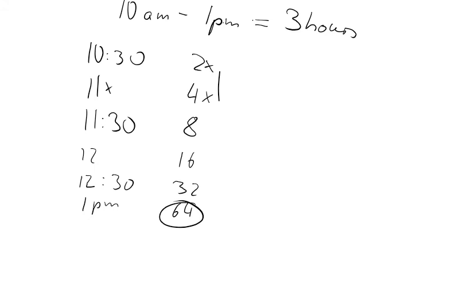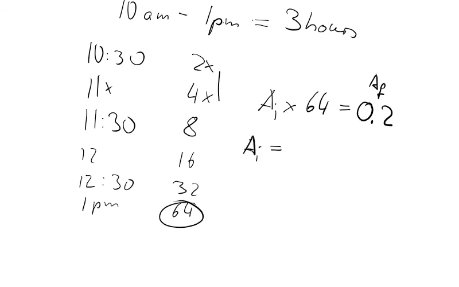So what we basically want is A initial times 64 equals 0.2. That's our A final. That is what we want at 1 p.m. So therefore, it's very easy to find A initial.